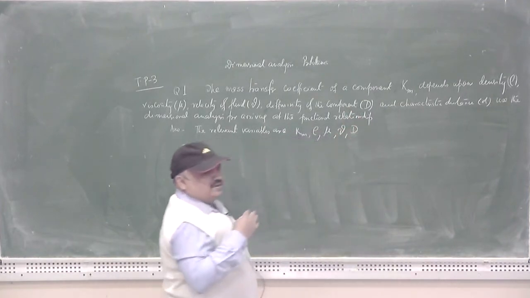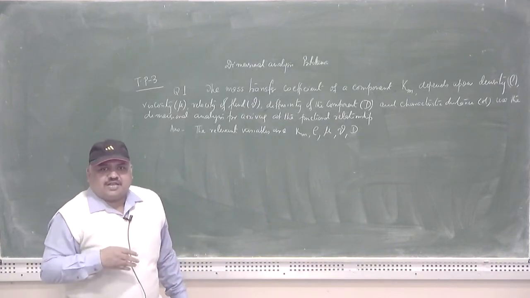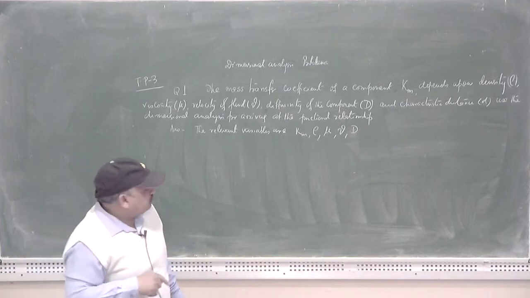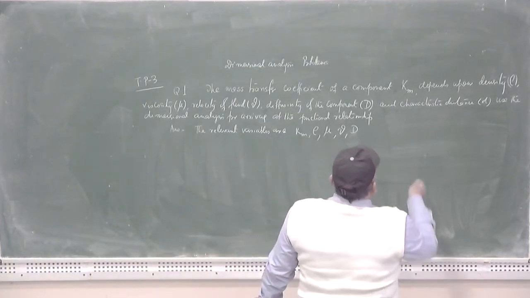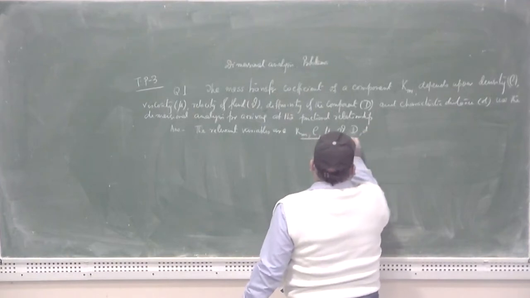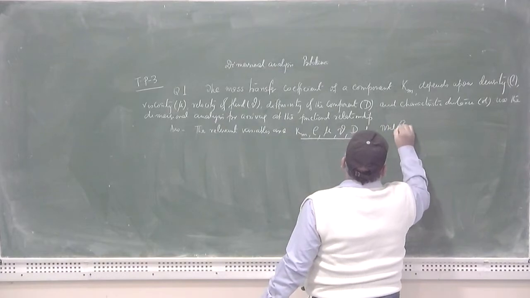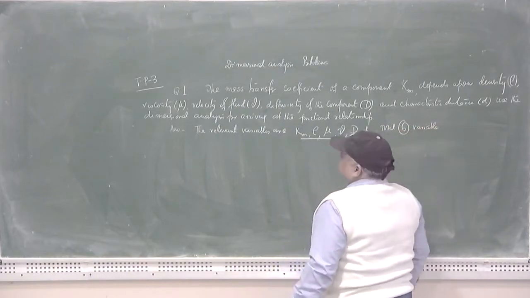That diffusivity means the rate of diffusion of that particular substance through unit cross section in unit time. And the characteristic distance d. So, these are the 6 variables associated with this problem.